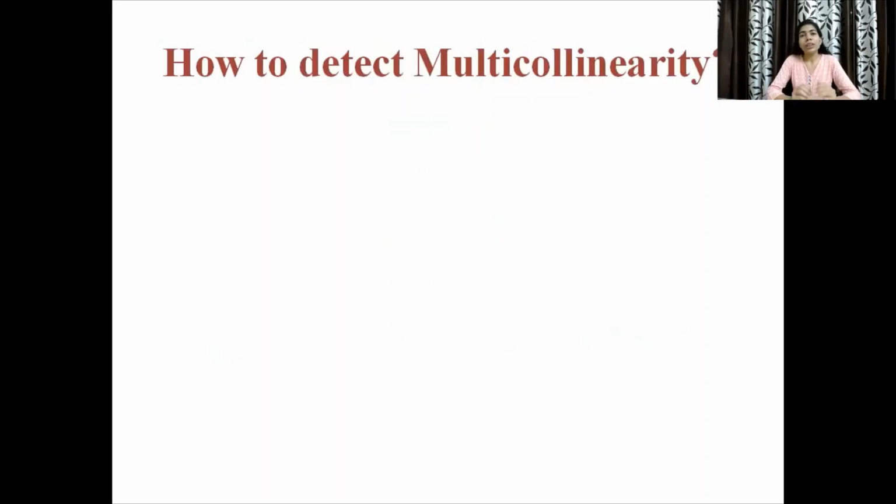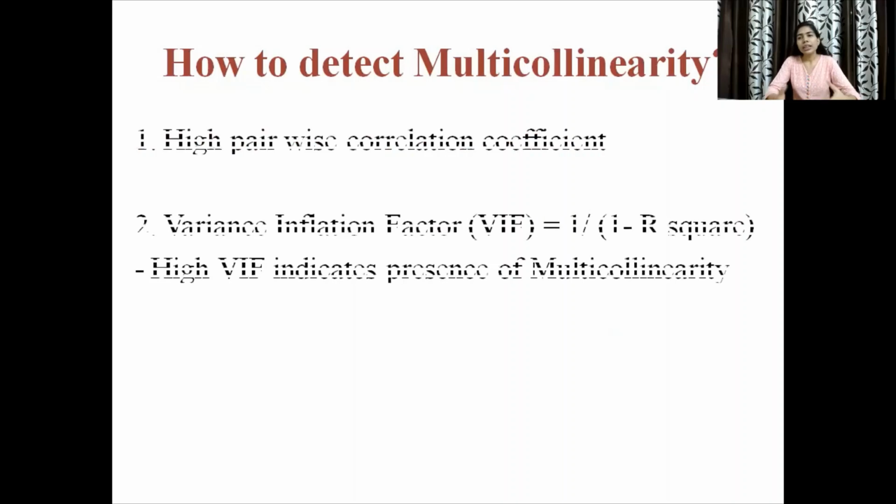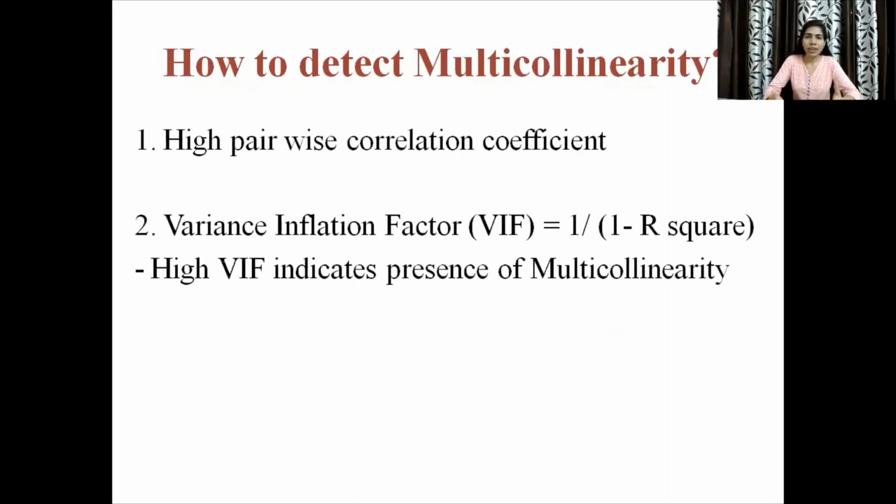So therefore, there is a need to detect multicollinearity. In the literature, there are various methods to detect multicollinearity. So I will be discussing two methods. One is high pairwise correlation coefficient and the other one is variance inflation factor, VIF, which can also be calculated as 1 divided by 1 minus R square.